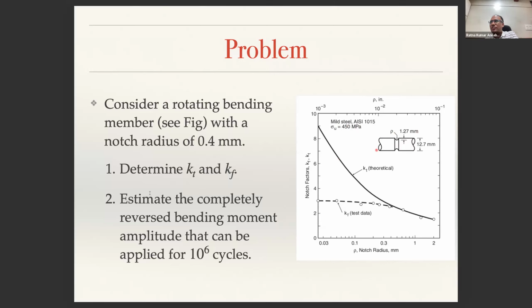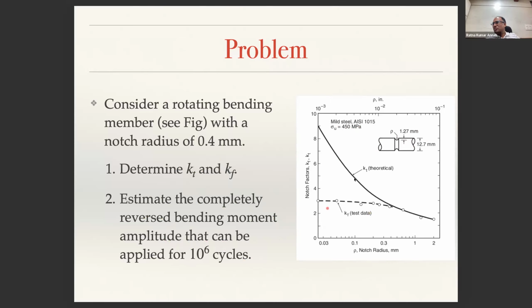For this configuration, you need to find Kt and Kf. After finding Kt and Kf, we need to find the estimated completely reversed bending moment, that is, the bending moment amplitude that we can apply so that the life is 10 to the power 6 cycles. That is the question we need to address.